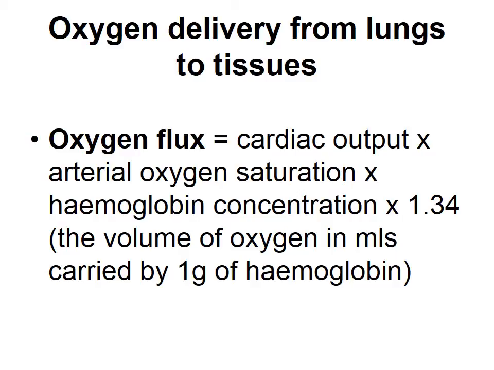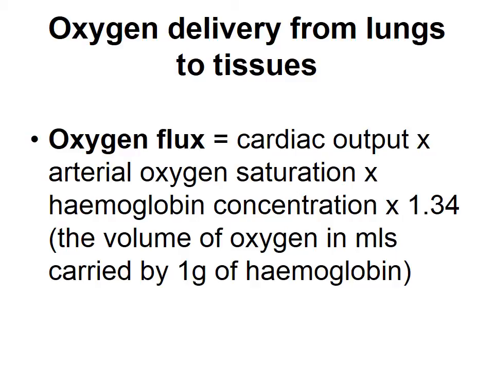So it follows that if there is a reduction in any of these parameters, there's going to be a reduced oxygen flux, therefore degrees of tissue hypoxia. So if cardiac output is reduced, or arterial oxygen saturation is reduced, or hemoglobin concentrations are reduced, all of these can lead to hypoxia.